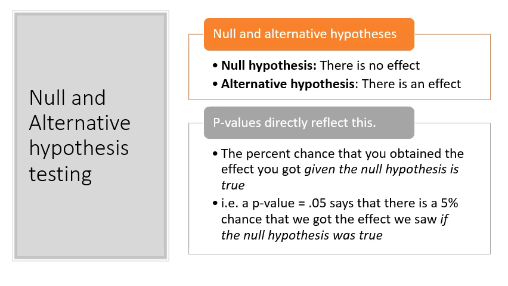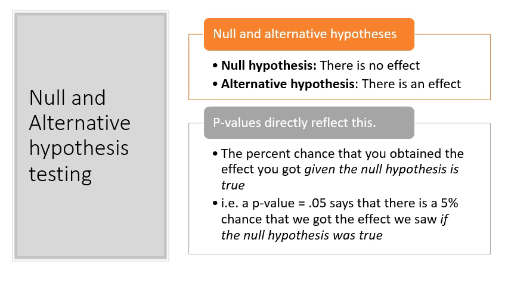Now, I'm sure many of you have heard of p-values before. What a p-value is saying is the percent chance that you attain the effect you got given the null hypothesis is true. So for example, a p-value equal to 0.05 says that there is a 5% chance that we got the effect we saw if the null hypothesis was true.